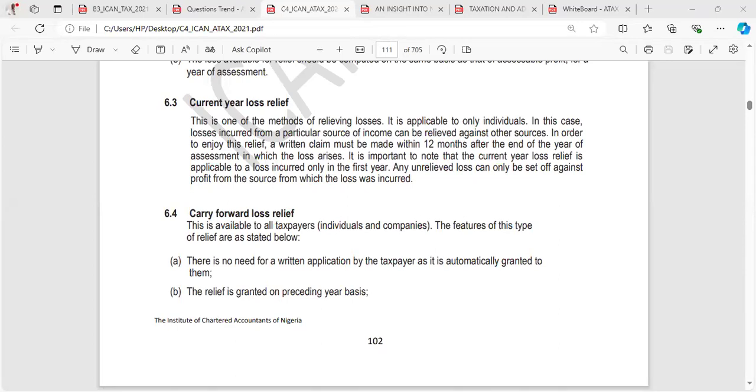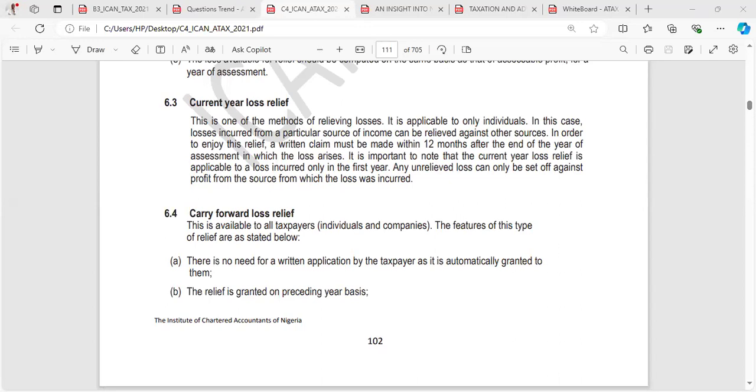Now, what I mean is this. If I have a loss of 10 million naira from Dangote Cement and I have a profit from Dangote Sugar, 5 million, and Dangote Salt, 3 million, I can only relieve that 10 million in the year of assessment that loss occurred.